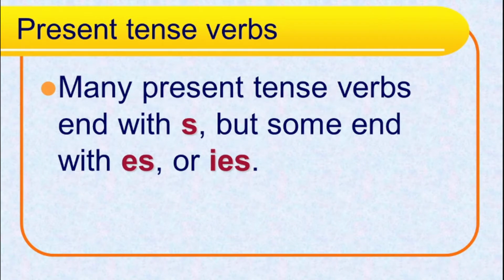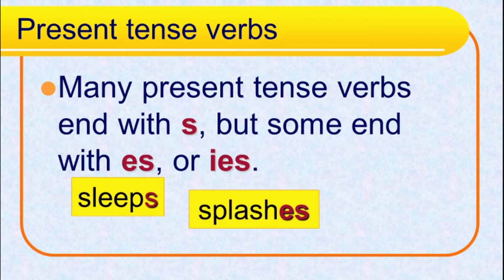Many present tense verbs end with s, but some end with es or ies. Examples: slips, splashes, cries.